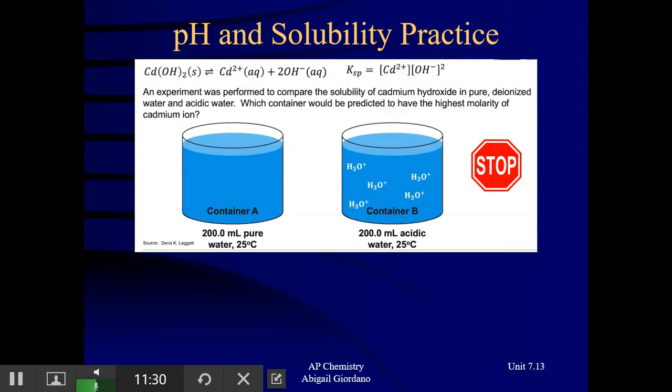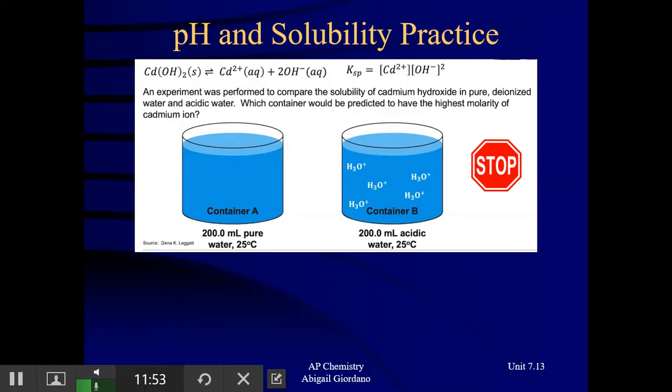So the first thing I think about is, okay, H3O+, that is not in this reaction. So I say to myself, but I bet that it's going to react with one of my products. And we looked at an example of that, if you'll recall. H3O+ reacts with OH- to form water.